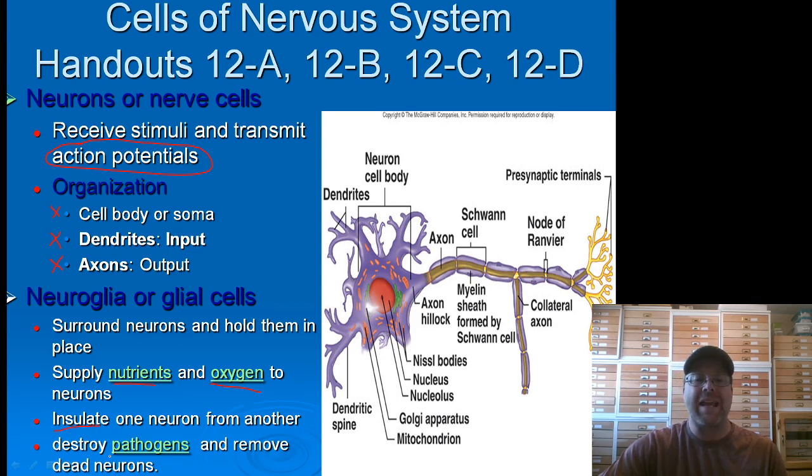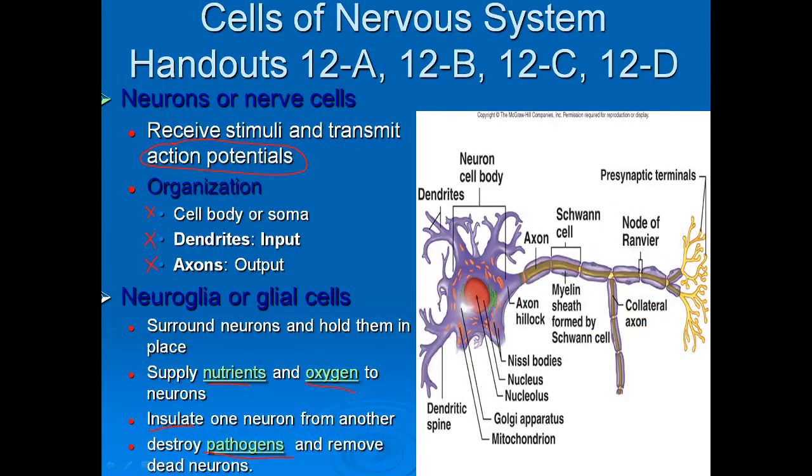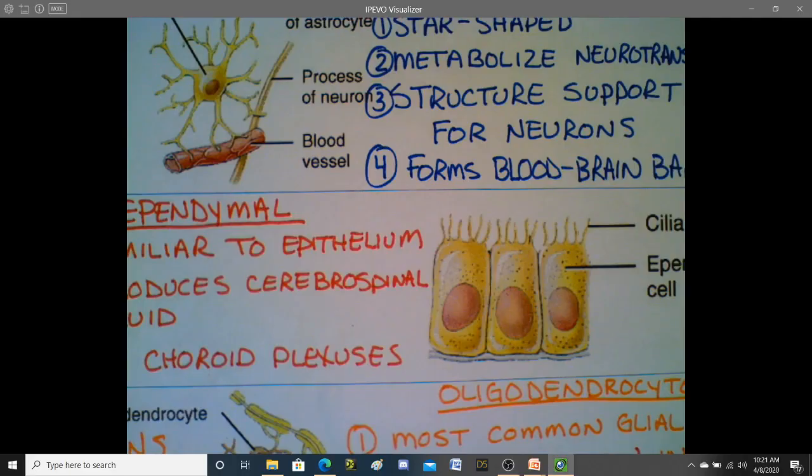They may even act as part of the immune system and fight off pathogens. They're going to be structural. So they're going to be playing an important role in the nervous system. They're just not moving action potentials. That's the job of a neuron. So let's look at the different types of glial cells. There are several of them, and they all have different specific jobs.